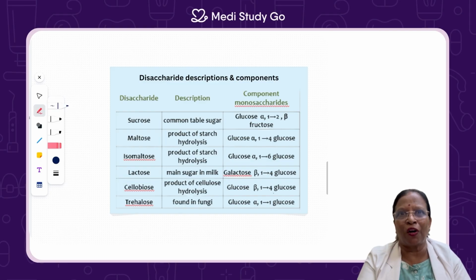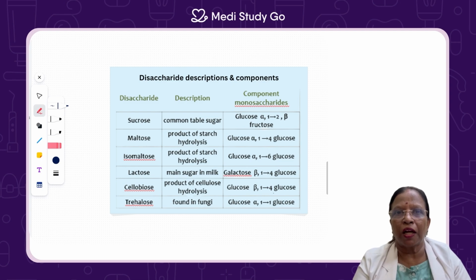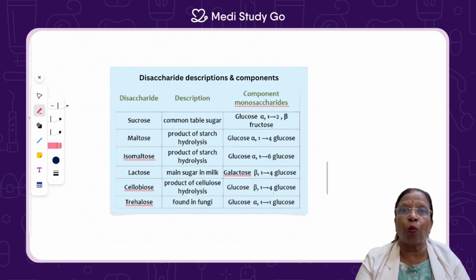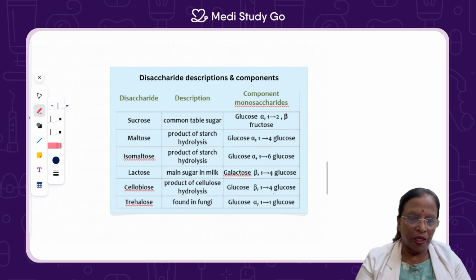They are both involved in bond formation. Maltose is a hydrolysis product of starch. It's made up of 2 molecules of glucose linked by alpha 1,4 glycosidic bond. Isomaltose, again 2 molecules of glucose linked by alpha 1,6 glycosidic bond. Both these are hydrolysis products of starch.